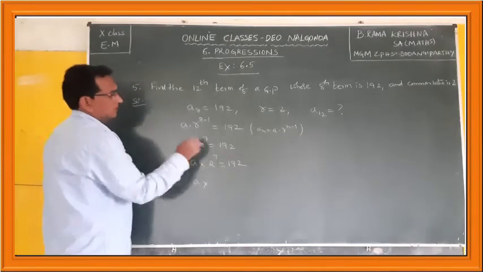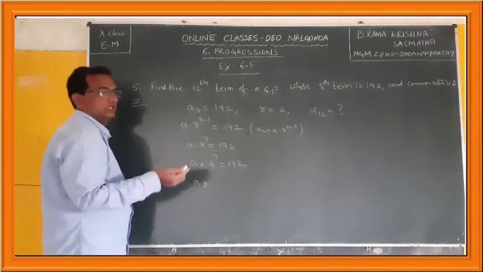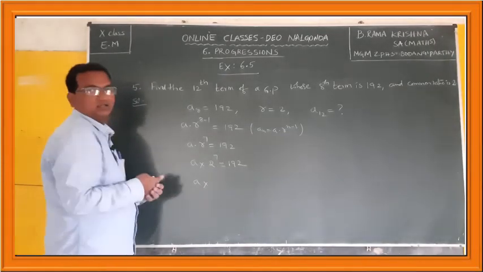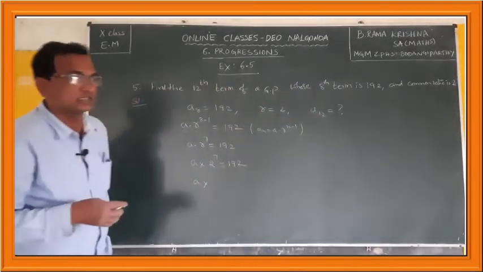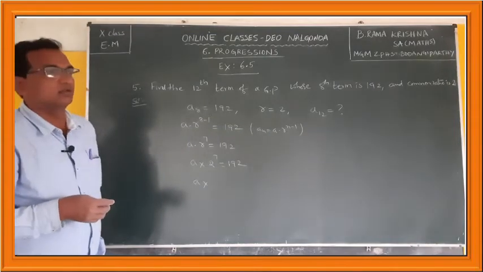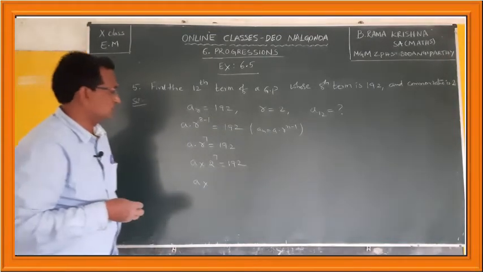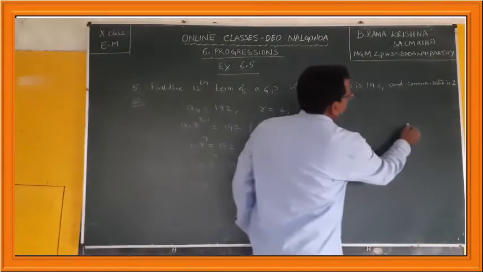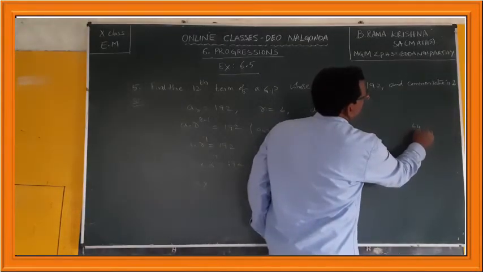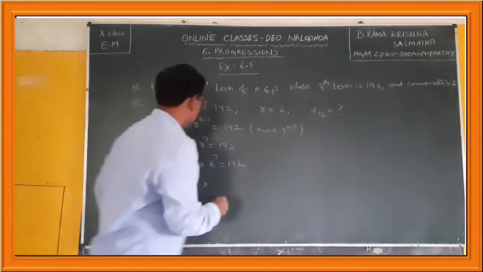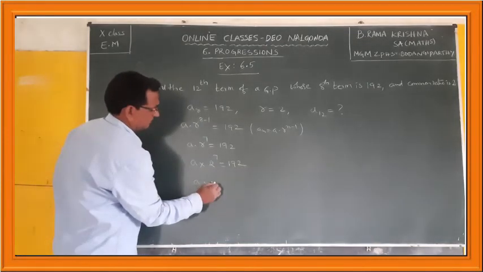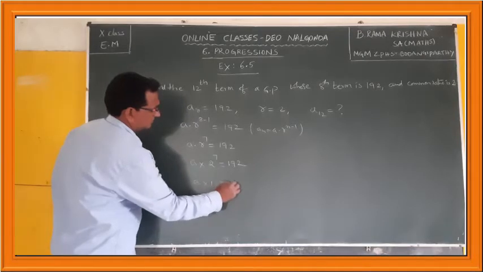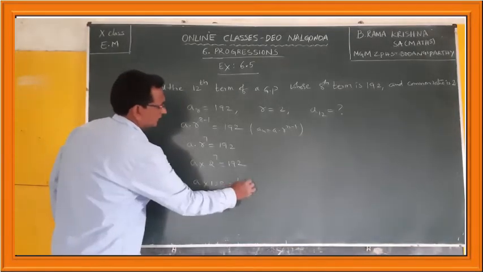What is 2 to the power of 7? 2 multiplied 7 times, how much do you get? 8 8s are 64, 64 2s are 128. So, A into 128 is equal to 192.